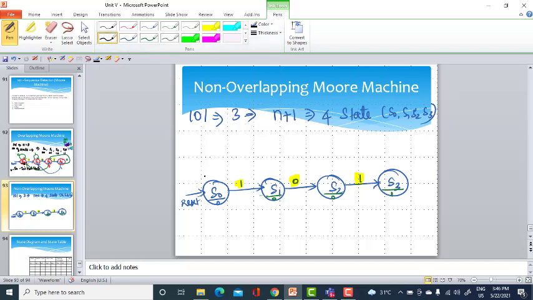So now again, S0: if it receives 1, it will move to the next state. If it receives 0, it will retain in the same state. And in S1, when you receive 0, you go to the next state. When we receive 1, you will retain in the same state. Now come to S2. When you receive 1, you go to S3.